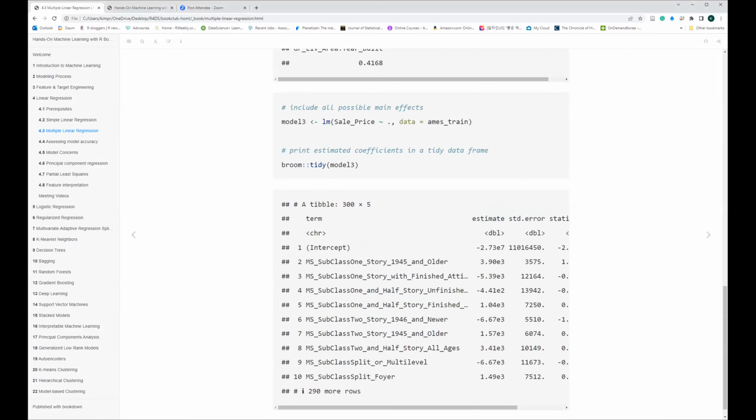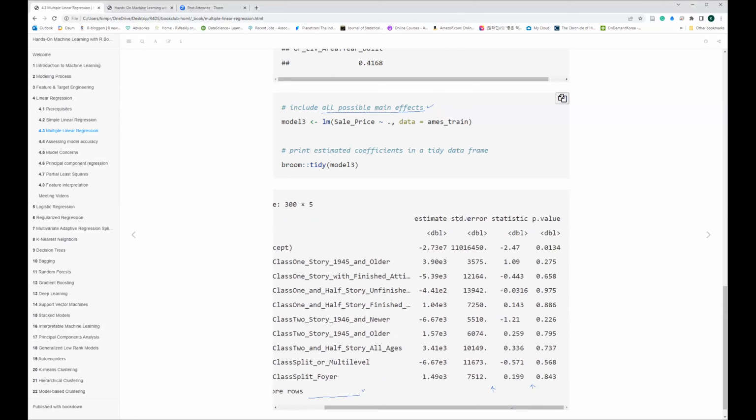And here model 3 includes all the possible main effects. Like we can include all 300 different possible variables, just dumping all of the variables in this case. And even so, we can still have these estimates and standard errors. And then when we move to the next column, we have a t statistic, and then the p values depending on these t statistics.